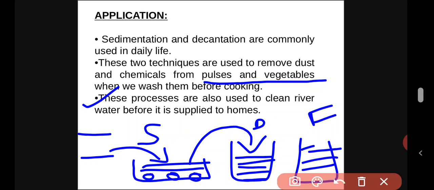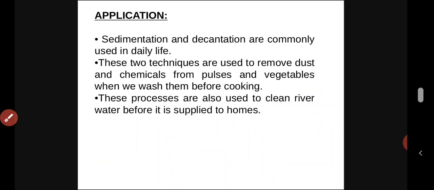And in the purification of river water, filtration is also done. Again it is taken for filtration, where the remaining sediments are taken out, filtered, for the final process. So this is the application.